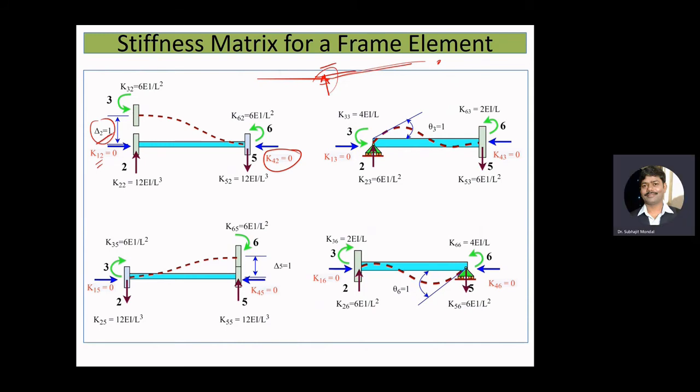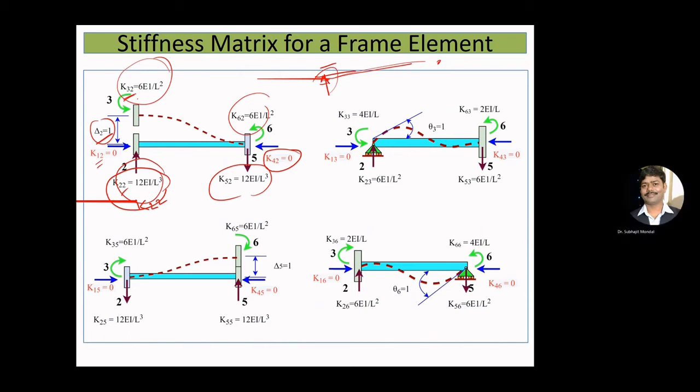Okay, so to have that unit displacement here in the second degree of freedom, we need to apply 12EI by L cubed amount in the second degree of freedom. That is basically the force developed at the second degree of freedom due to unit displacement in the second degree of freedom. So here the force developing in the third degree of freedom was from the unit displacement in the second degree of freedom.